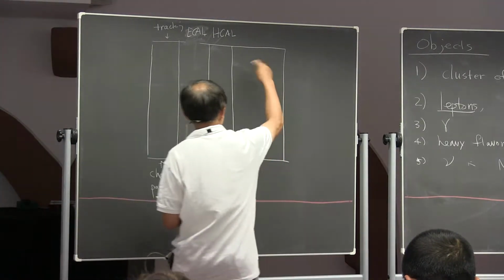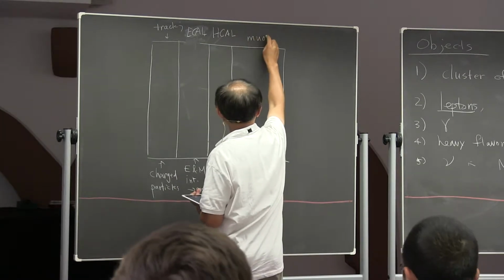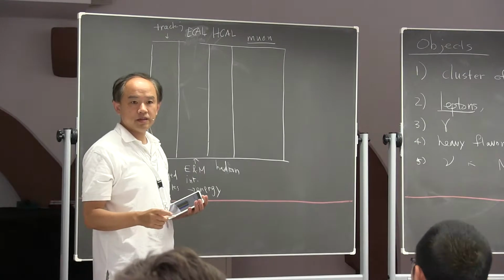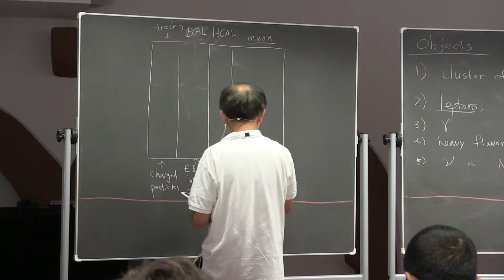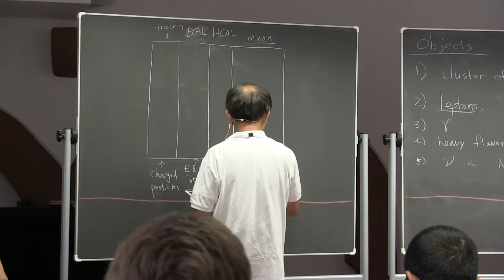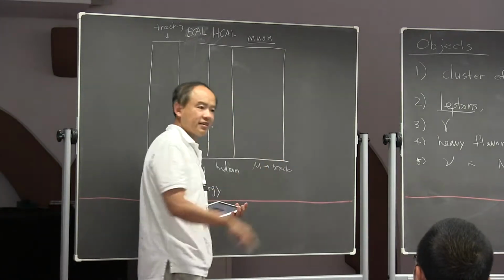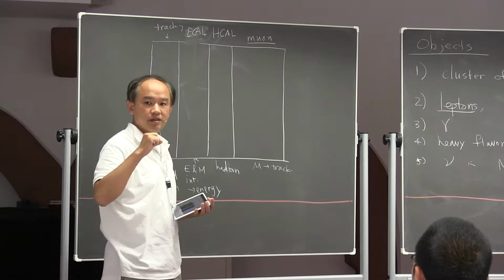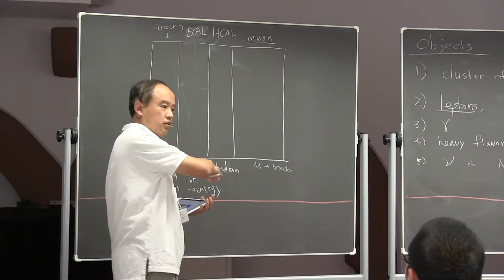The last layer, usually the biggest part, is the muon chamber. The muons leave tracks here. It's much bigger because the muon is very heavy, much heavier than the electron.